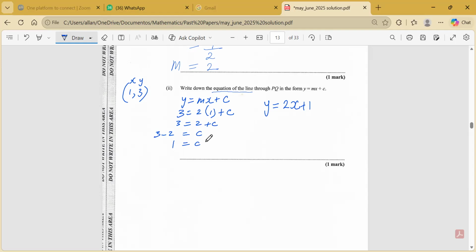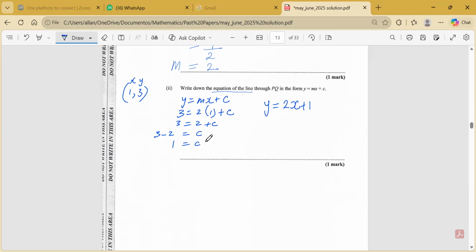You have to find for the two constants. M, we already know what that constant is. M is 2. A constant means that the value does not change along the line. So M, the gradient or slope. Slope. All right.